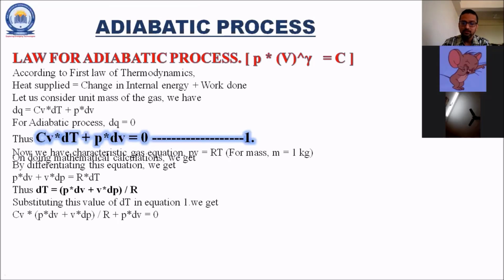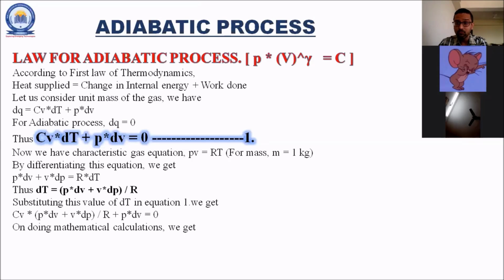Now friends, you need to do some mathematical calculations at your level. What you will be doing? Multiplying the denominator R into this term, and this is always equal to 0. Then substituting capital R is equal to Cp minus Cv, Mayer's equation, we have already understood. Then you have to elaborate all those brackets, multiply all those brackets.